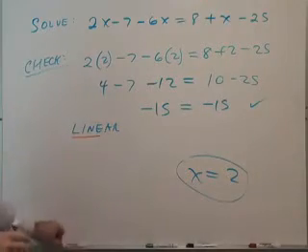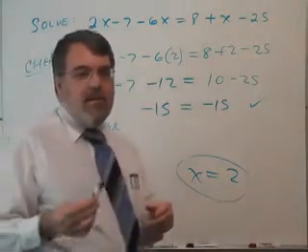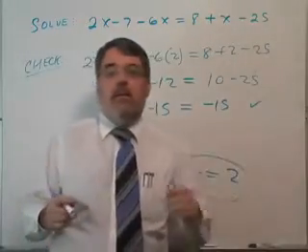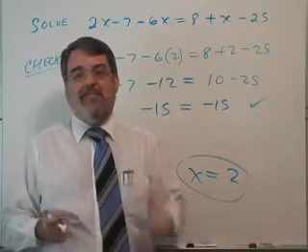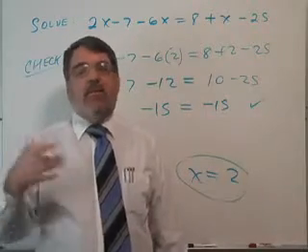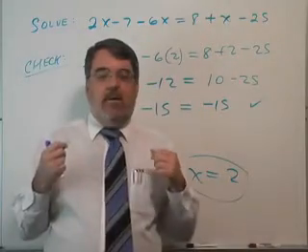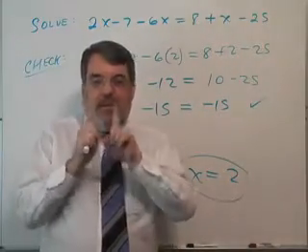And you can recognize in algebra a linear equation when the exponent of the variable is always 1. There's nothing like x squared or x cubed. There are not variables multiplying each other like x times y.